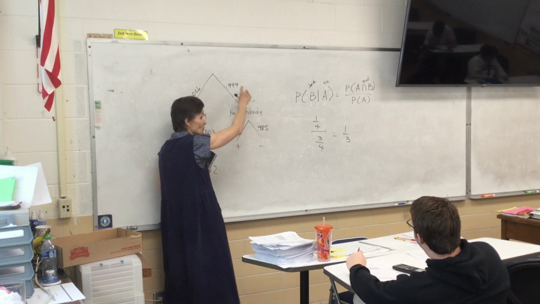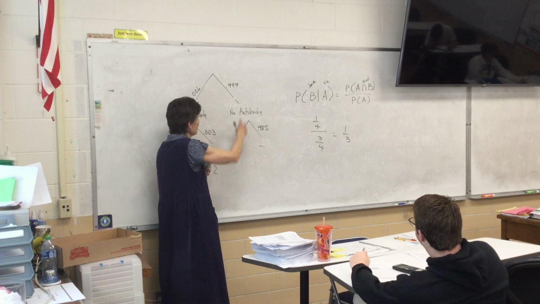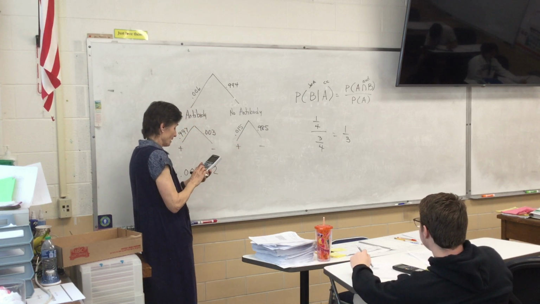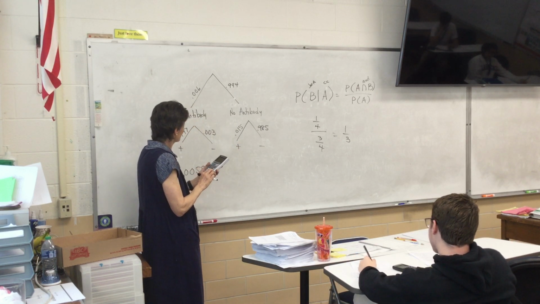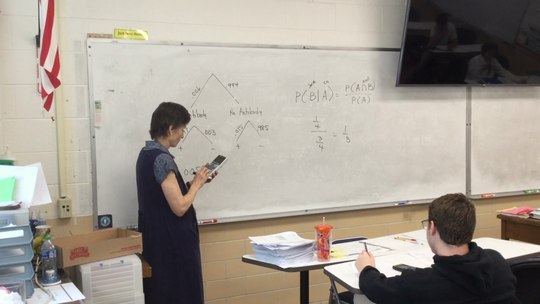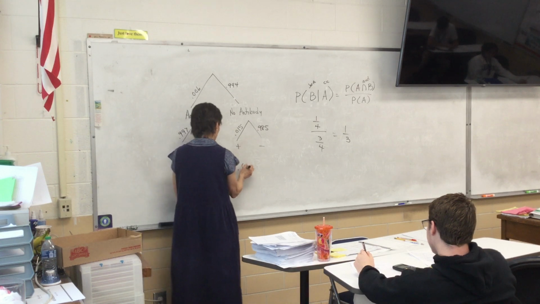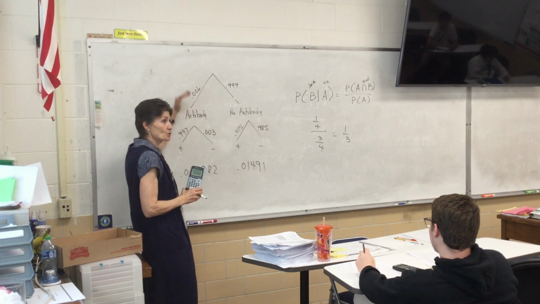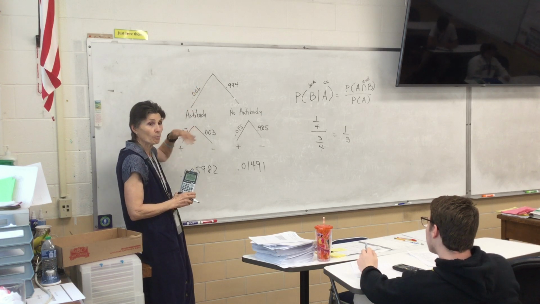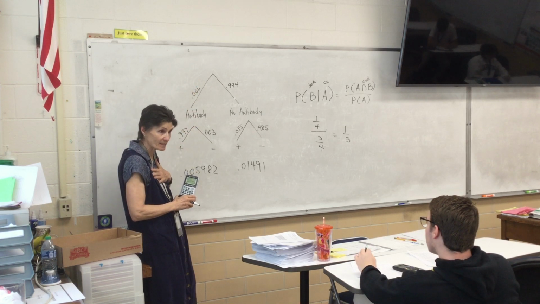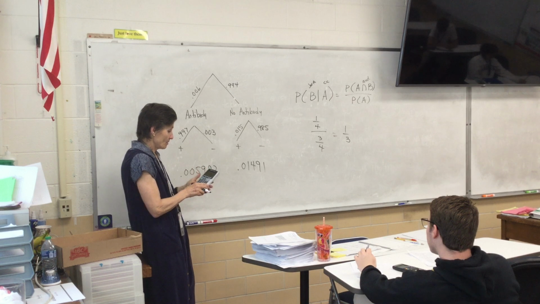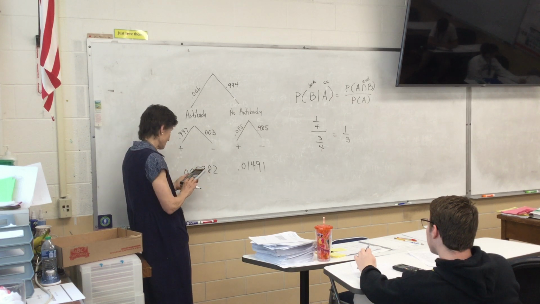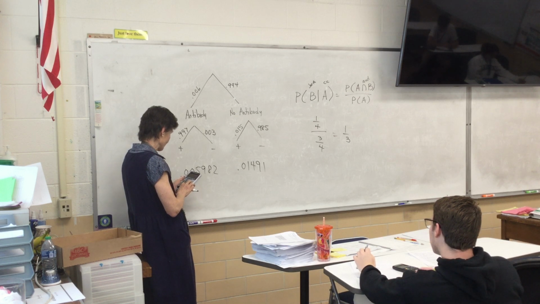Now, I could also test positive if I'm not sick. And that would be 0.01491. Are you still with me? So I am finding the total probability of me being positive. The total probability of me being positive is those two added together.